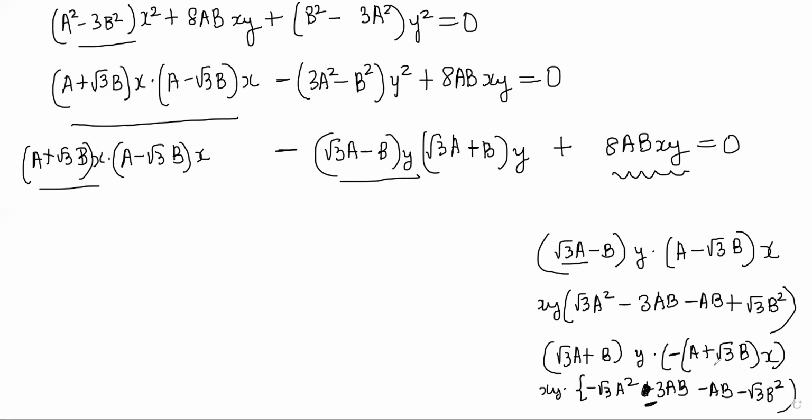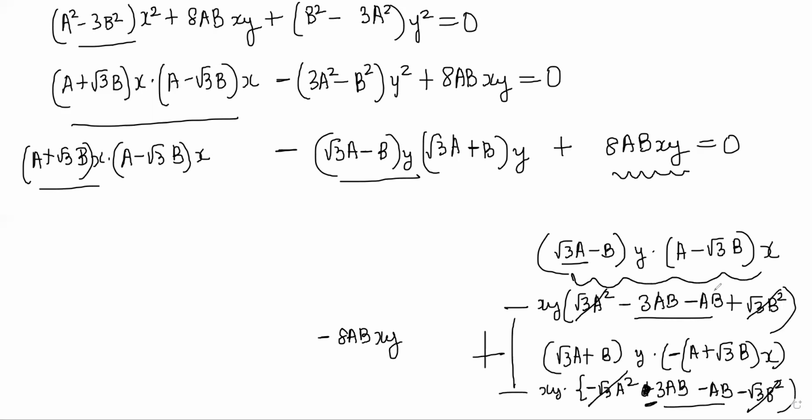Okay, okay. Now notice that if you add these two, root 3a square will cancel this, root 3b square will cancel this, and you get minus 4ab minus 4ab, minus 8ab, right? Correct. Yeah, correct. You'll get minus 8abxy.